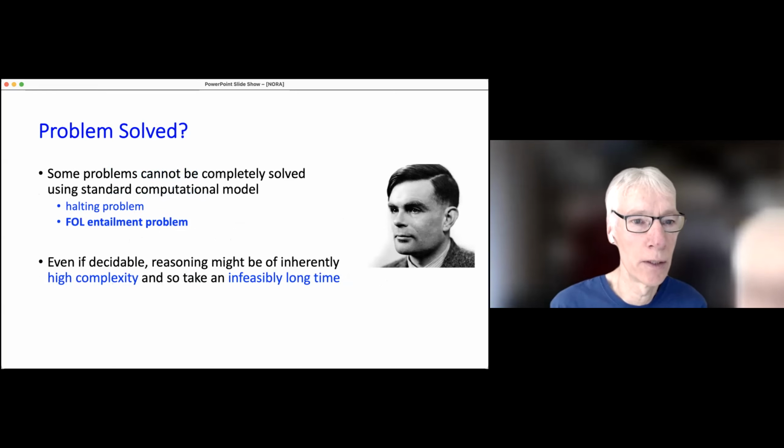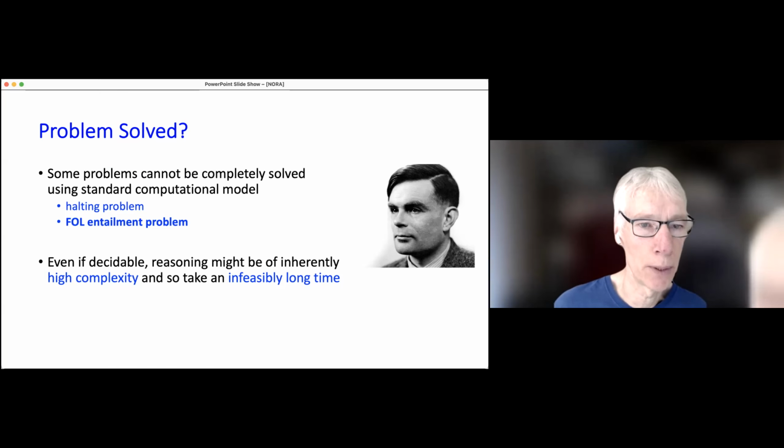So there's no algorithm available that can guarantee to compute logical entailments for arbitrary input first order logic sentences. Moreover, even if we use a less expressive logic that's actually decidable, reasoning may still be of very high complexity and take a very long time. Even propositional logic, for example, is famously NP-complete. It's really the canonical NP-complete problem, propositional logic satisfiability.